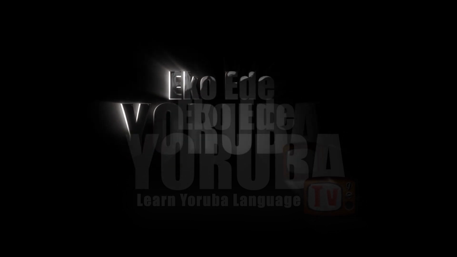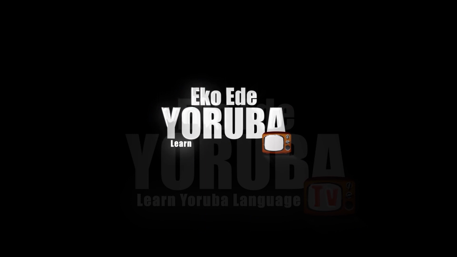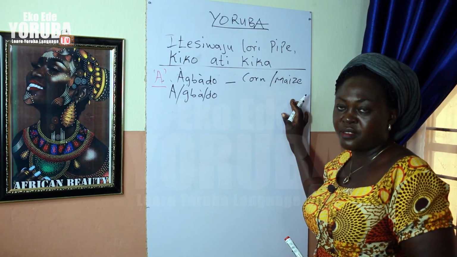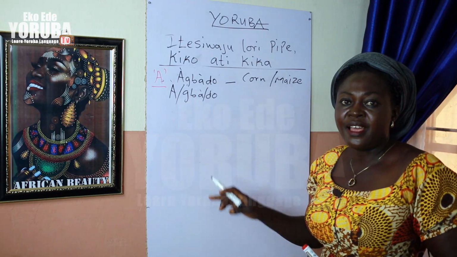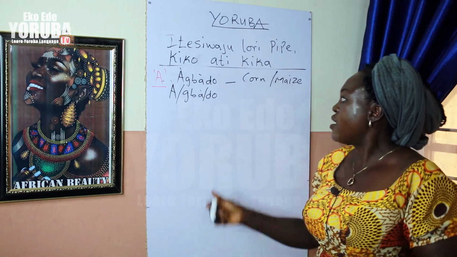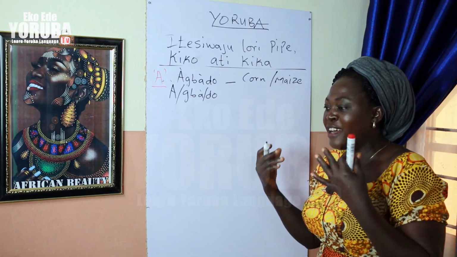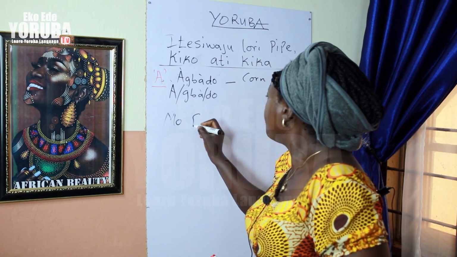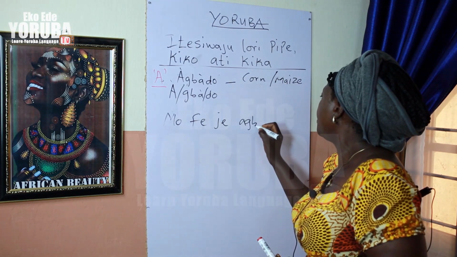Do, re. Àgbàdo, corn, maize. Now, we are forming a word with A and how to pronounce it. Mo fẹ́ jẹ àgbàdo. Mo fẹ́ jẹ àgbàdo.